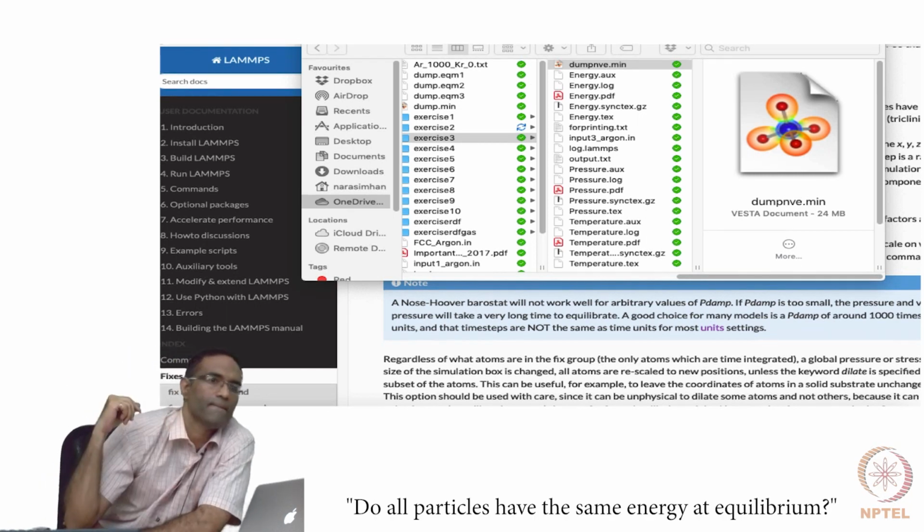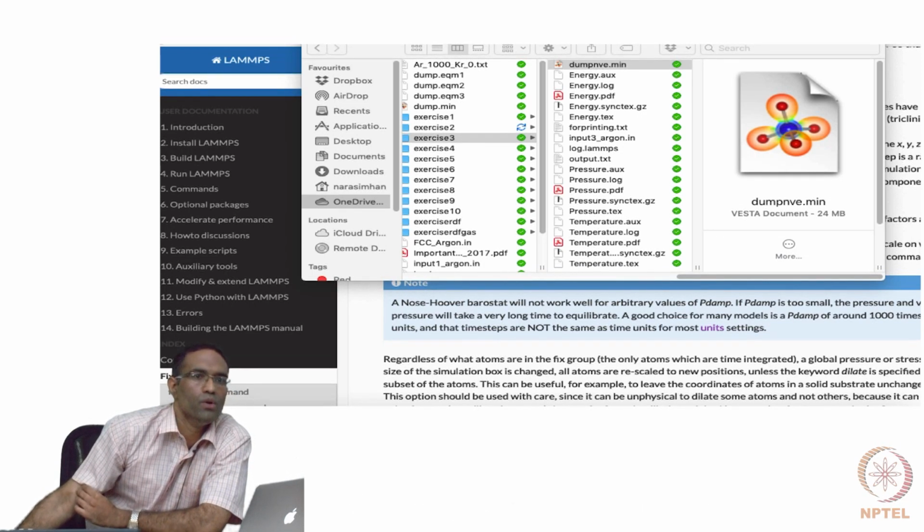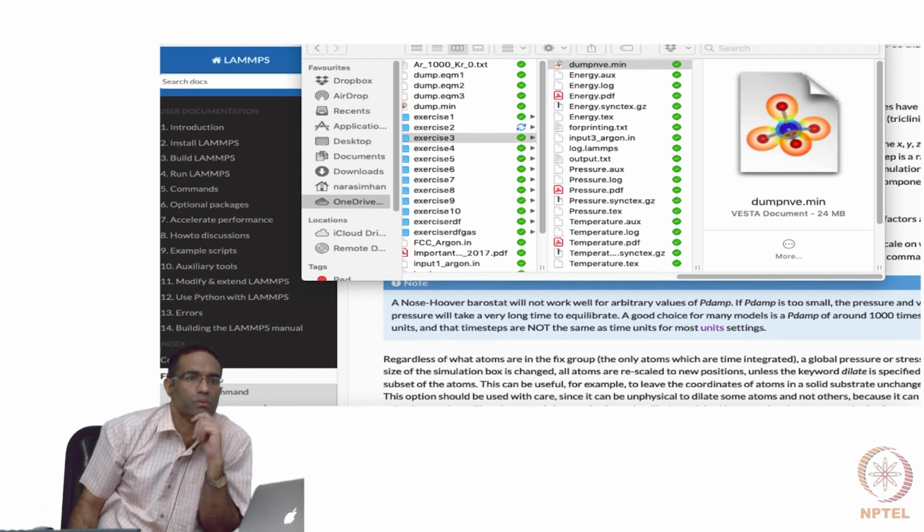So when we talk about equilibrium, do you mean that every single particle in the box has the same energy? No. At equilibrium, it need not have the same energy. Like, what exactly do we mean by the properties do not change with space?